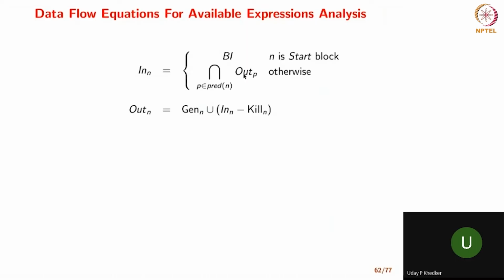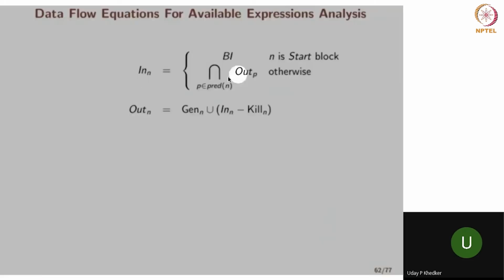B, we now look at the predecessors for computing in of n. In live variables analysis, we used union and we talked about successors, and we used the information from successors to compute the out variable. Here we are computing the in variable from the predecessors instead of successors, from the out of the predecessors, and we are taking an intersection.